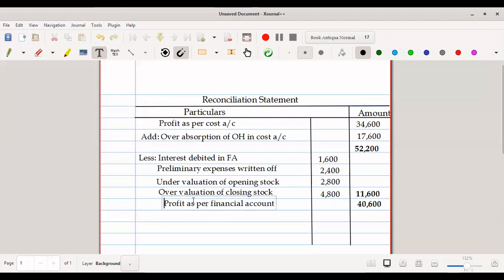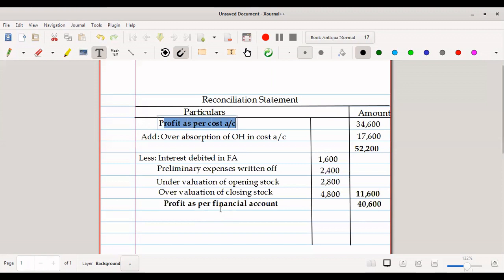When both the profits are given, one of the advantages is that you will come to know whether your answer is right or wrong. So when you take profit as per cost account as base, the answer will be given in the problem. Profit as per financial account will be known in advance.